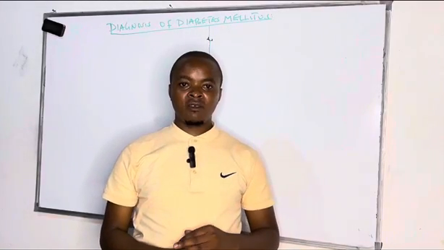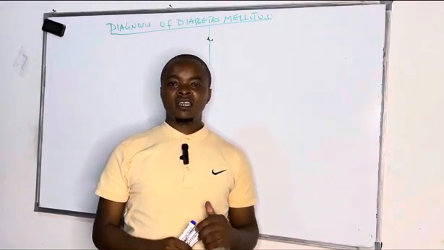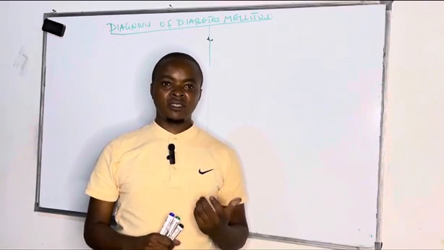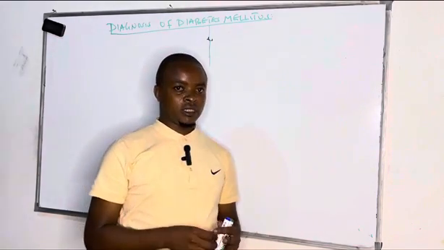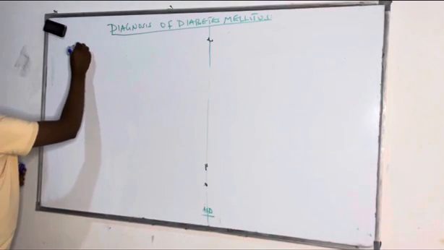As we continue in our series of diagnosis of diabetes mellitus, in part 2 we have seen the oral glucose tolerance test, and in this session we are continuing with the glucose oxidase method.